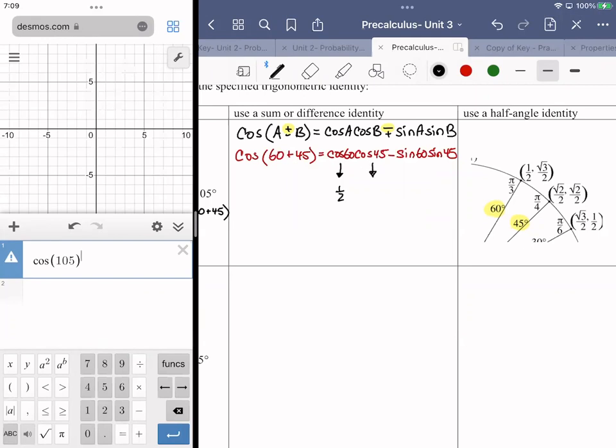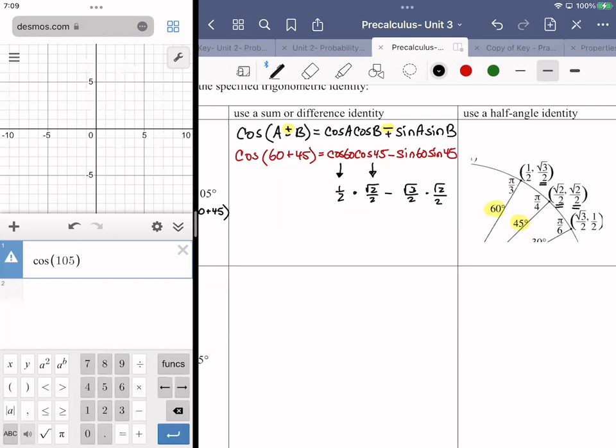For cosine of 45, the x value is radical 2/2. For sine of 60, the y value at 60 degrees is radical 3/2. And for sine of 45, the y value at 45 degrees is radical 2/2.